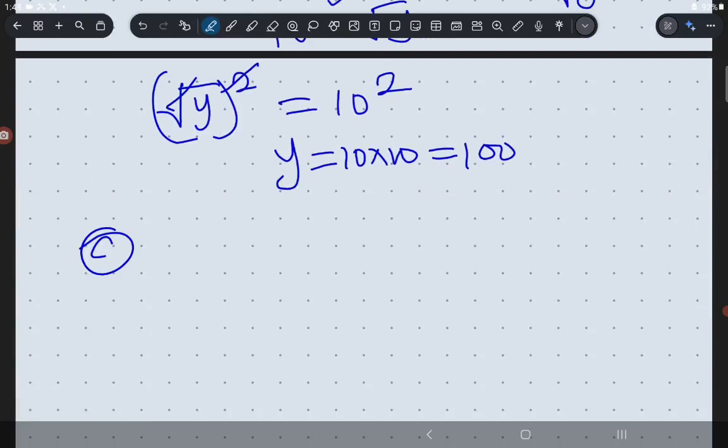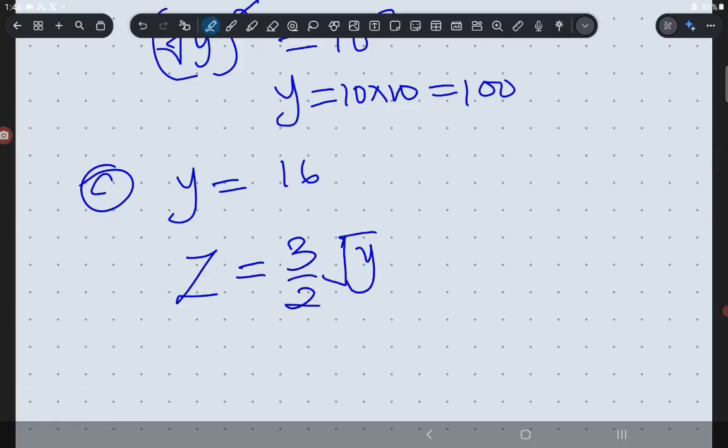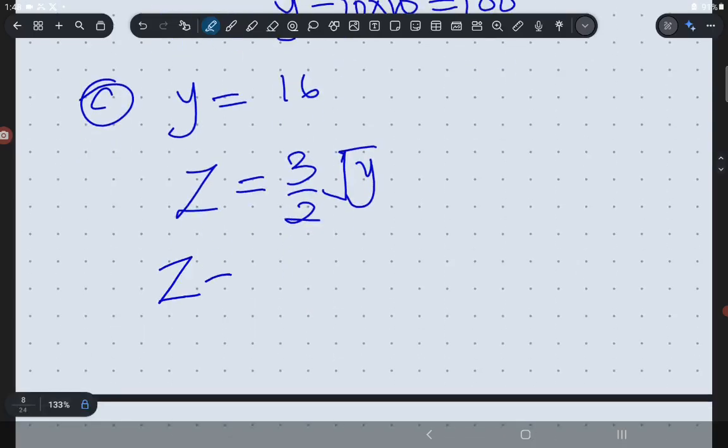Now the C part of the question: we have to find the value of z when y is equal to 16. So let's use z is equal to 3 over 2 root y. That is the relationship. Our z will now be 3 over 2 multiplied by root 16.